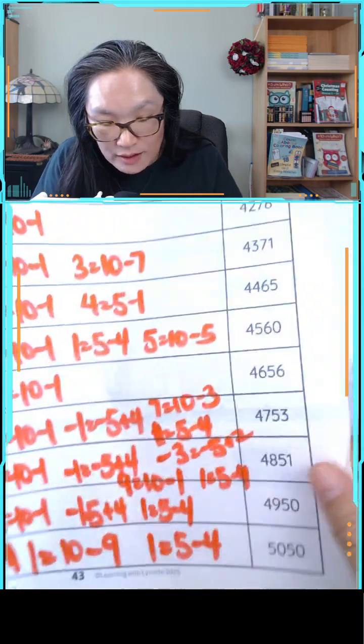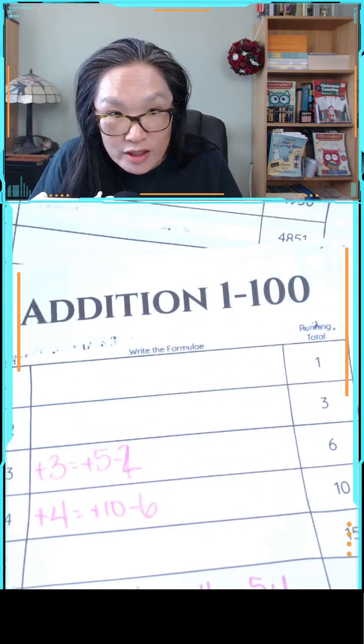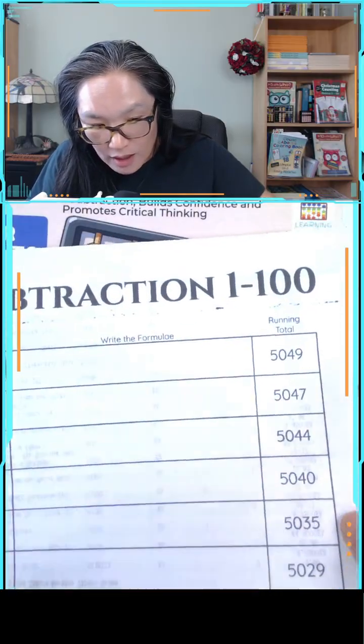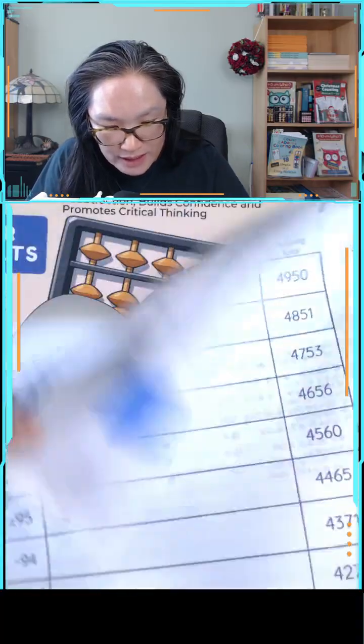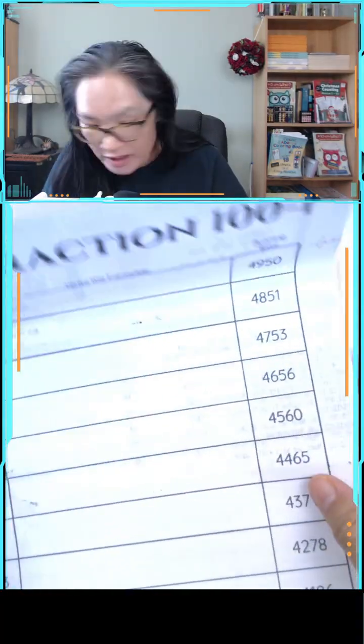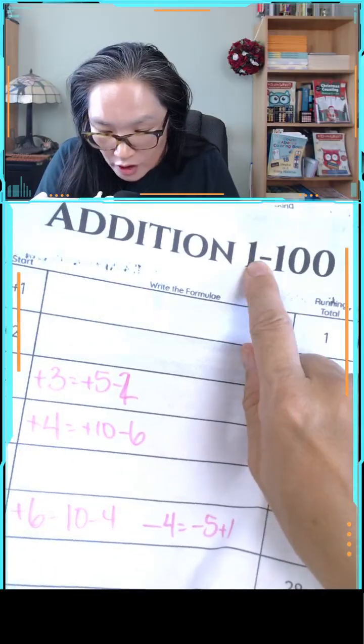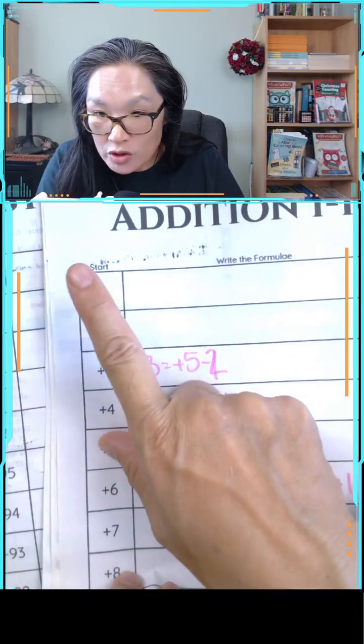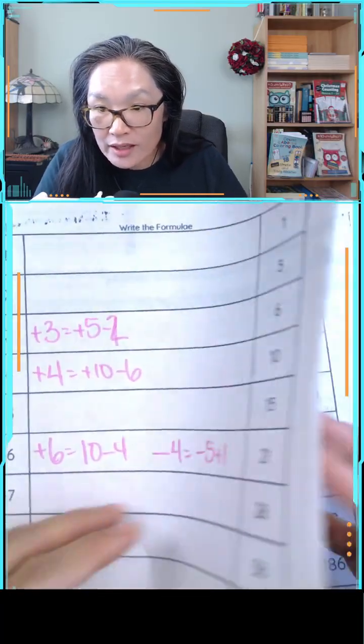And then, because I can do addition from 1 to 100, there's going to be a subtraction. There's also an addition from 100 to 1. So instead of starting at 1, you start at 100, and you keep adding to the 100.